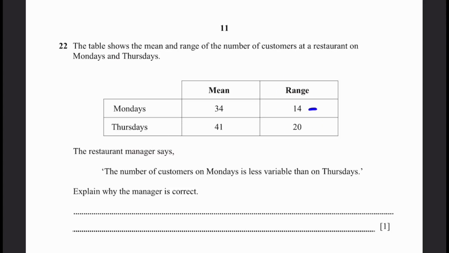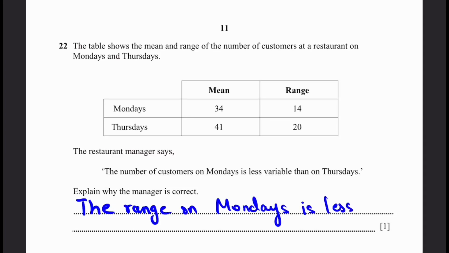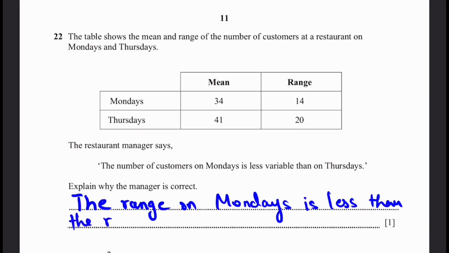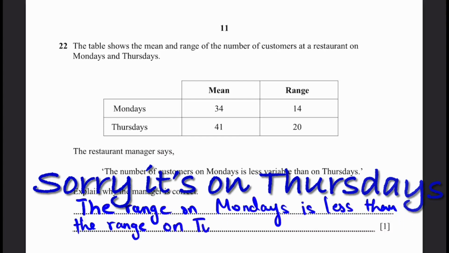The range on Mondays is less than that on Thursdays, so the restaurant manager is correct. So the range on Mondays is less than the range on Thursdays.